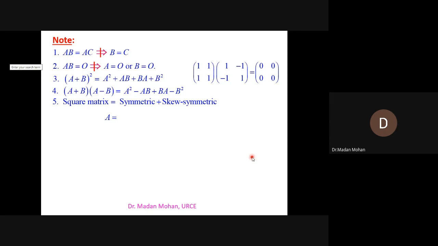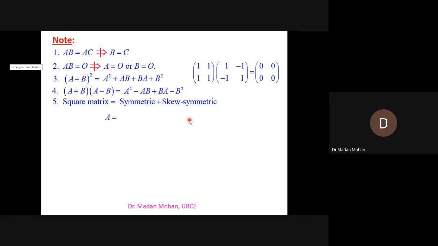Suppose 5 is given, write it as a sum of two numbers. 5 can be written as 2 plus 3 or 1 plus 4. You have many answers.